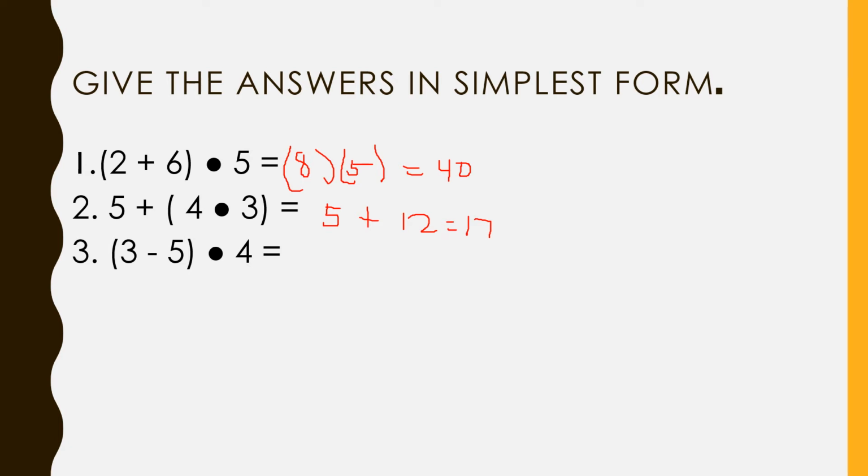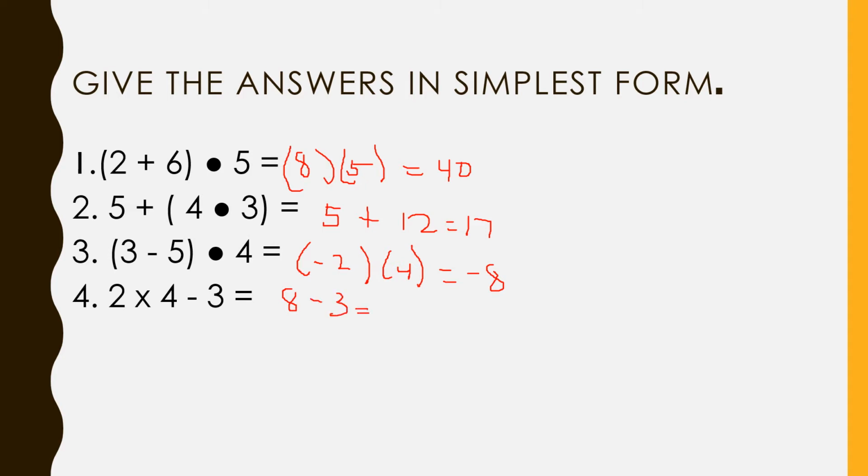3 minus 5 is negative 2 times 4. So the answer is negative 8. Then 2 times 4 minus 3. So we'll follow the PEMDAS. 2 times 4 is 8, minus 3.